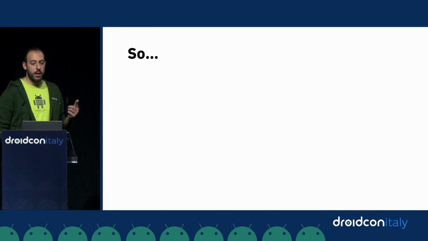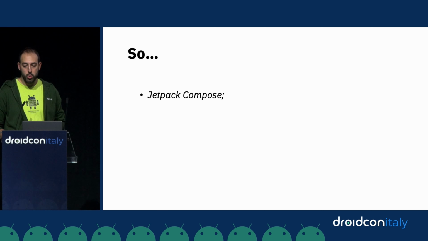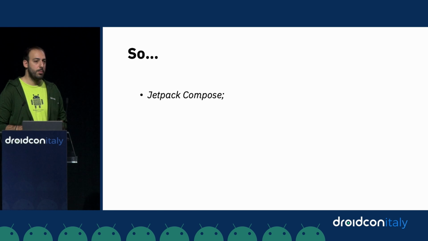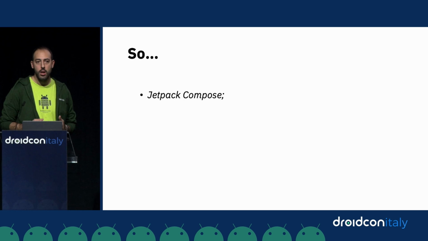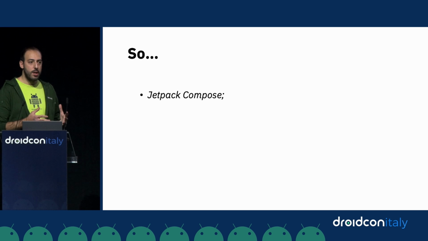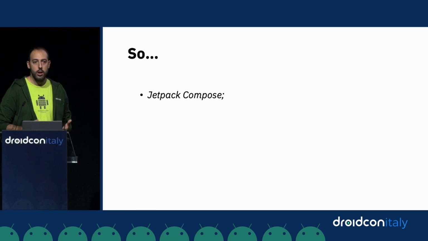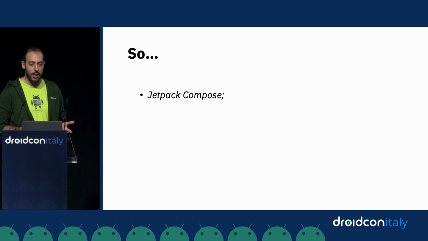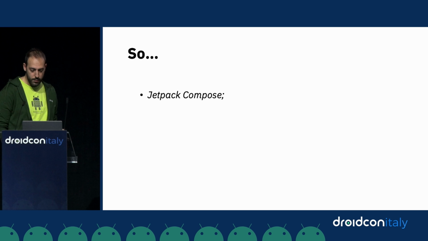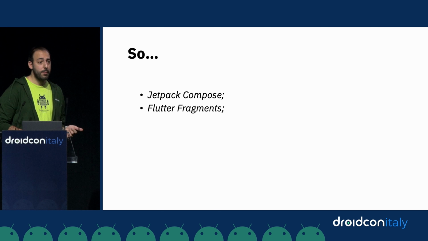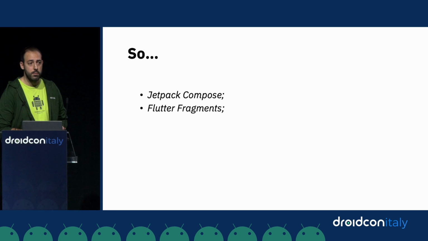So, recapping, we know Jetpack Compose, which is declarative UI, a new way to develop the UI side on our Android native app, but also on Kotlin Multiplatform. We know the Flutter fragments, which are rendering the Flutter engine entry points, a root.